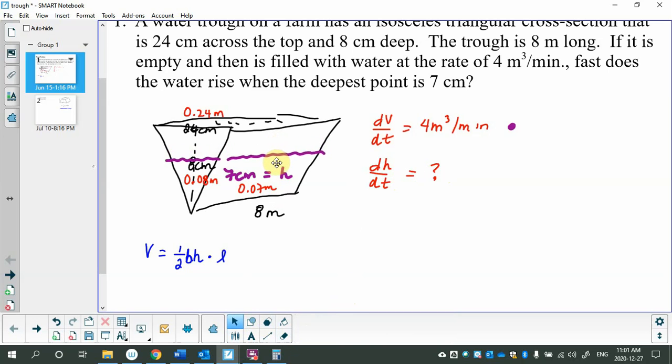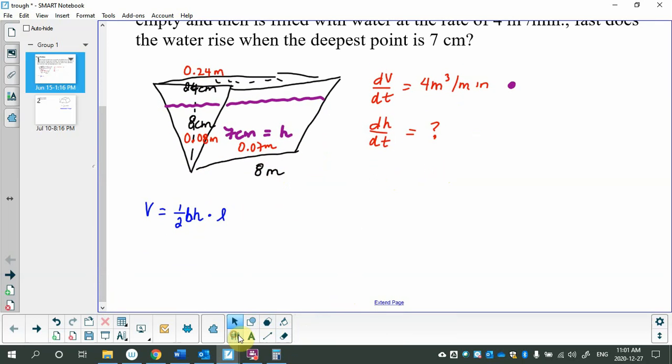Regardless of where the water level is, the length will still be 8. So one thing I can do before I start to panic about all the letters is this. I can put in 8.